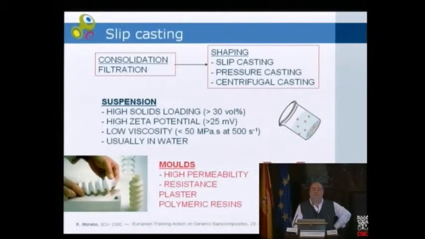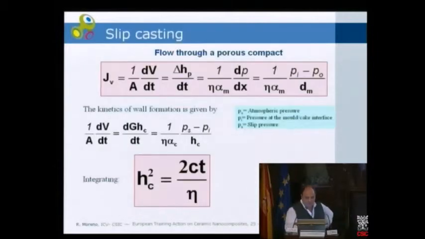The problem is that the polymeric resins are fabricated by the suppliers of the pressure casting machines, so the cost of these molds is very expensive. The advantage is that they are also prepared for a few thousand operations, so in the end the cost is reasonable. Well, these are the equations governing the filtration across a permeable mold.